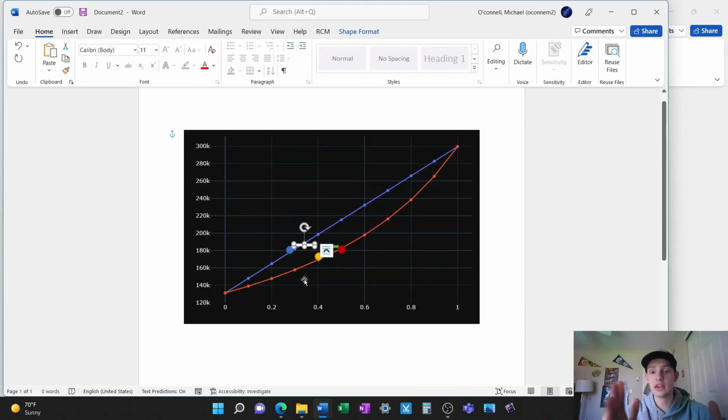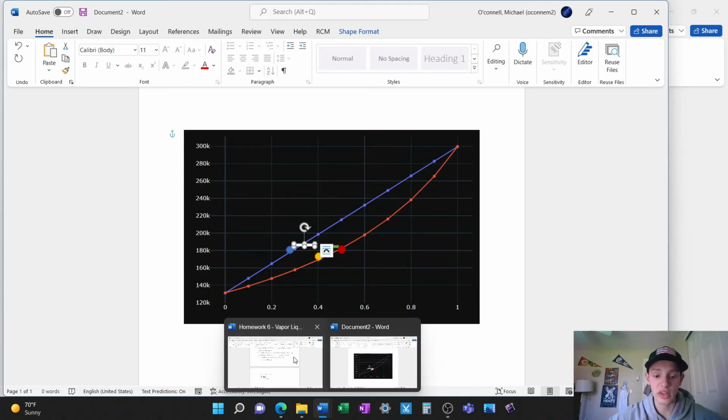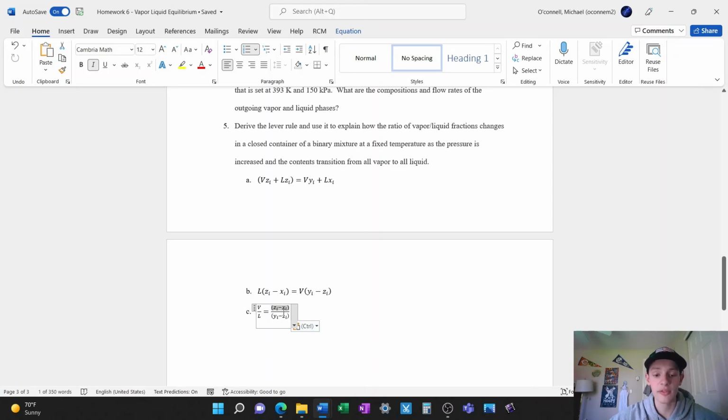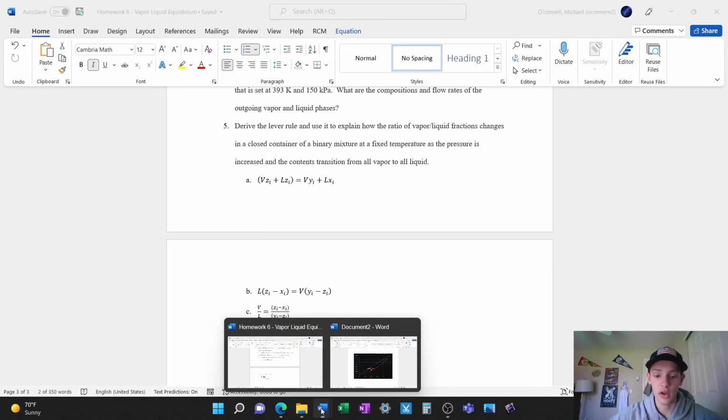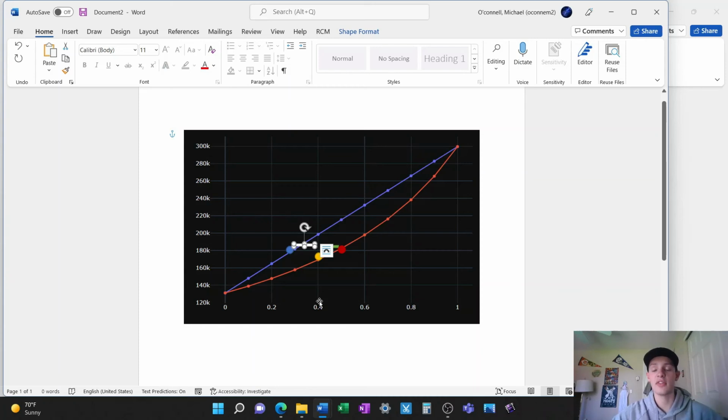You would see that increase as we decrease the pressure. And of course you would see it increase because what the lever rule is describing, through these ratios, is also indicative of the fact that the amount of material in your vapor phase is increasing as you decrease the pressure, isothermally, of course.